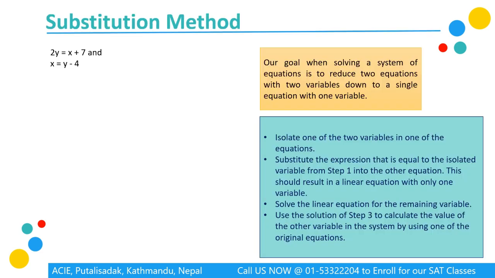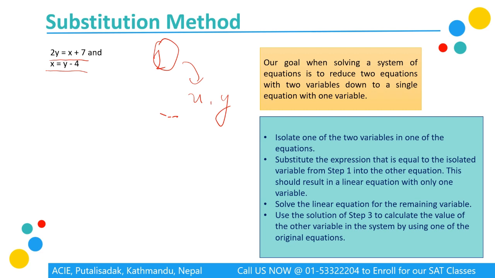So using the substitution method, over here, we can see the first equation is 2y is equals to x plus 7, and the second equation is x is equals to y minus 4. So, our first step is going to be to keep one variable, either x or y, separate from the other. So we have to segregate it from the other equation.